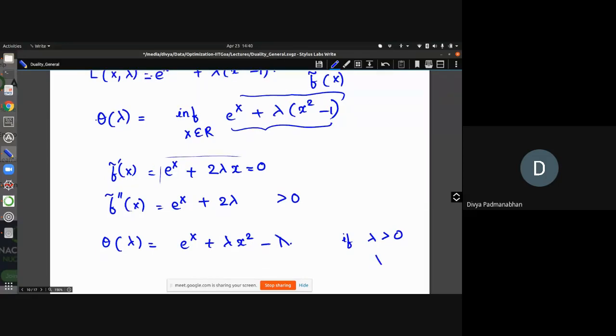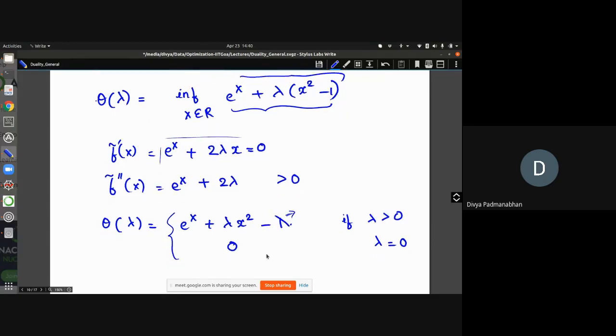But if lambda is equal to 0, you're trying to minimize e^x, so this term goes off, and x is unrestricted. It can become arbitrarily small, so e^x can go to minus infinity in the exponent, and in that case this will be equal to 0. So theta of lambda is one of these two, and this is the more interesting one, the dominating term over 0.